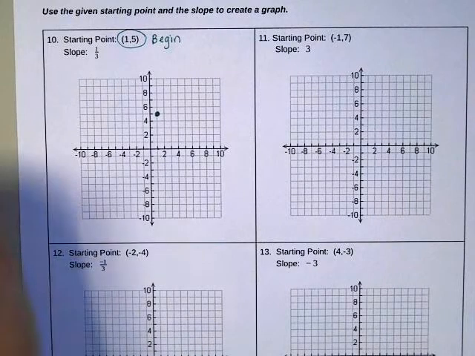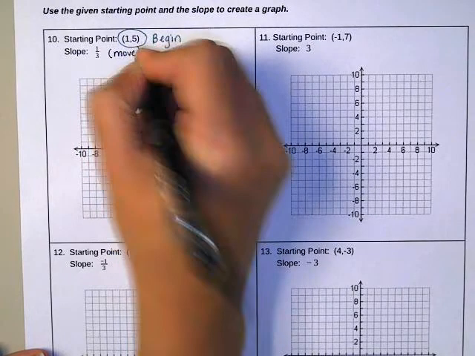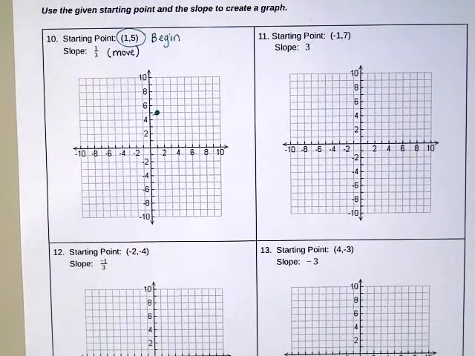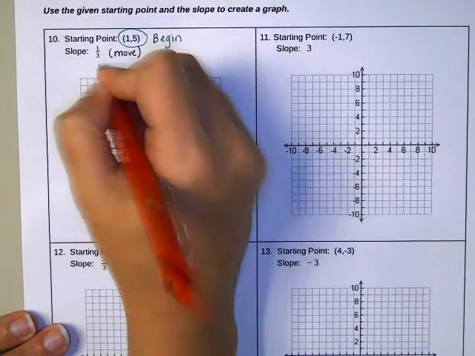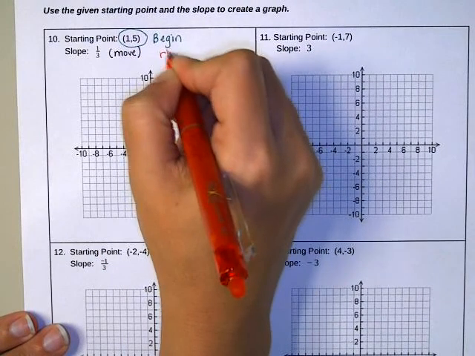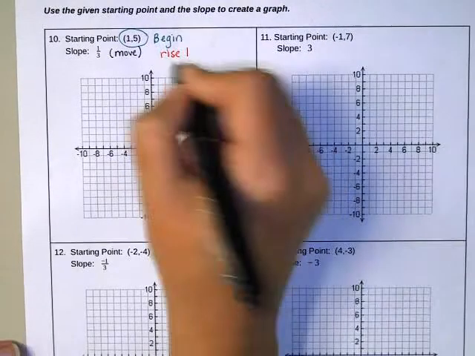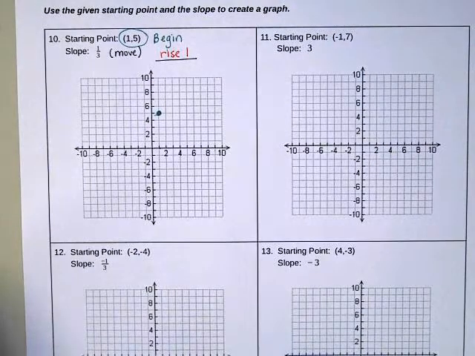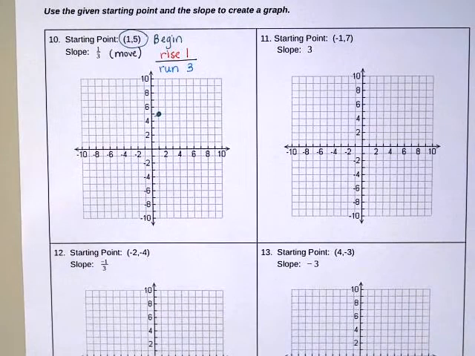My slope tells me how to move. Because the top number in my slope is 1, this slope specifically tells me to rise 1, and then, since the bottom number is 3, it tells me to run 3.